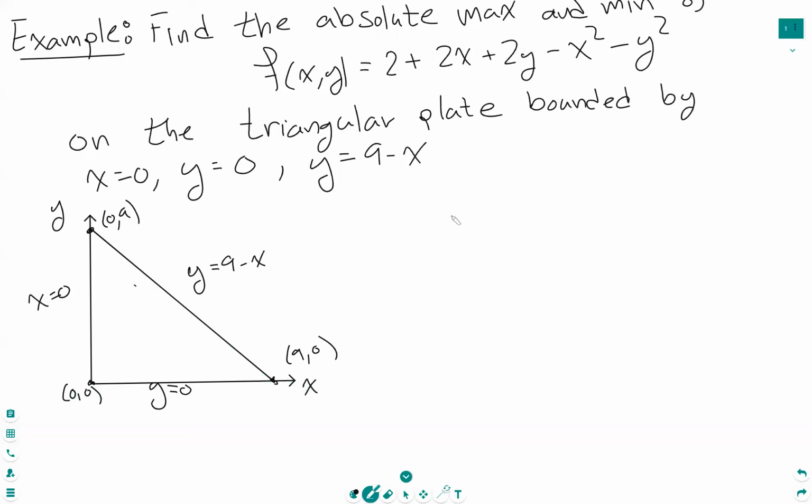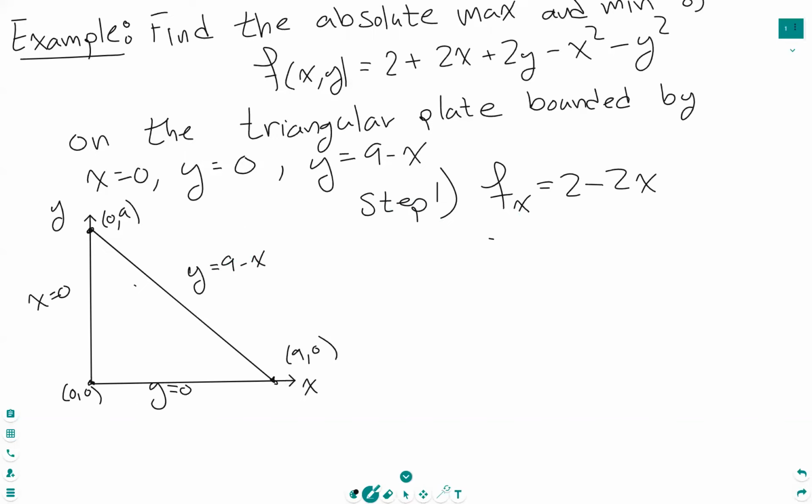Okay. So step 1. We need to find all of the critical points in the interior. So we can do this just like how we've learned before. We're going to take the first derivative. So we look at fx. This is 2 minus 2x.